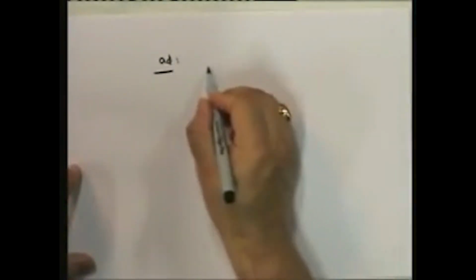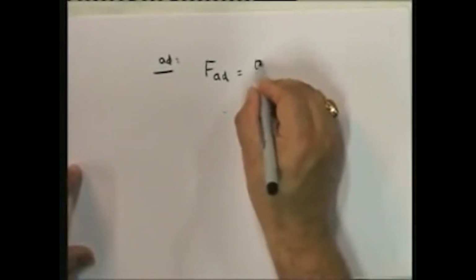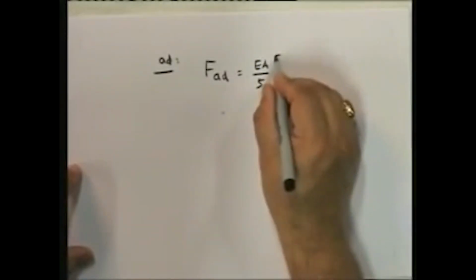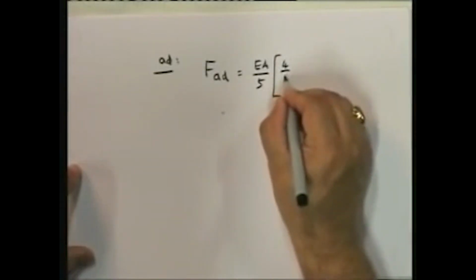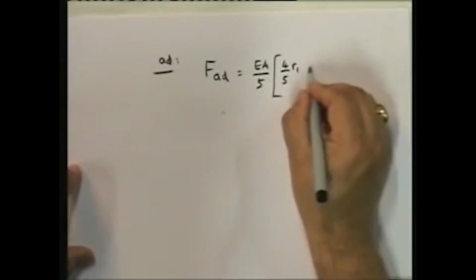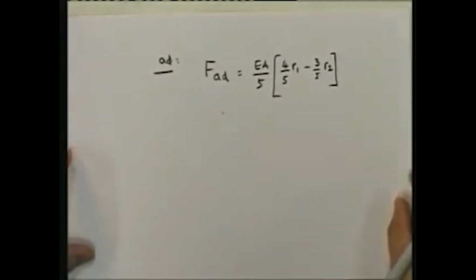Okay, so if you plug this into the kinematics and into the equations, what do you get? You will get for AD, FAD becomes equal to EA by 5, and what do we have? 4 by 5 R1 minus 3 by 5 R2.